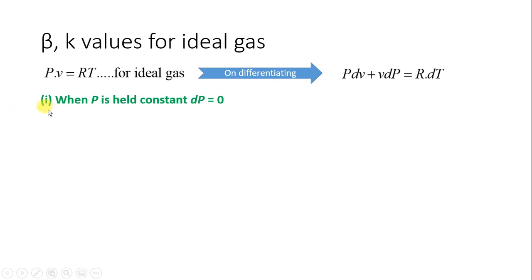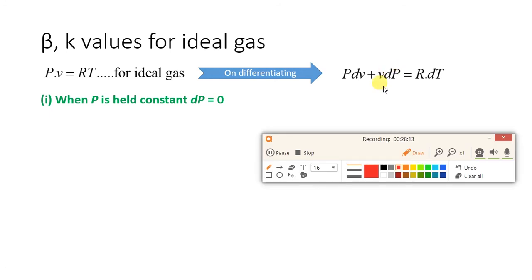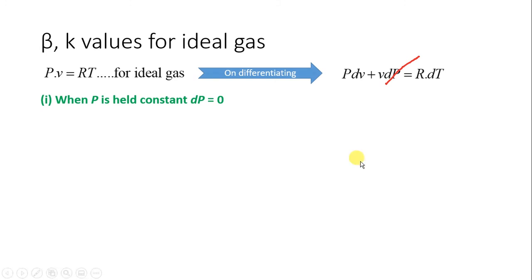First condition is what? When pressure is held constant. So when pressure is held constant, you can see over here this dP term will become 0. So what you will get, on differentiating, when pressure is held constant: P dou v, at constant pressure, is equal to R dou T at constant pressure.